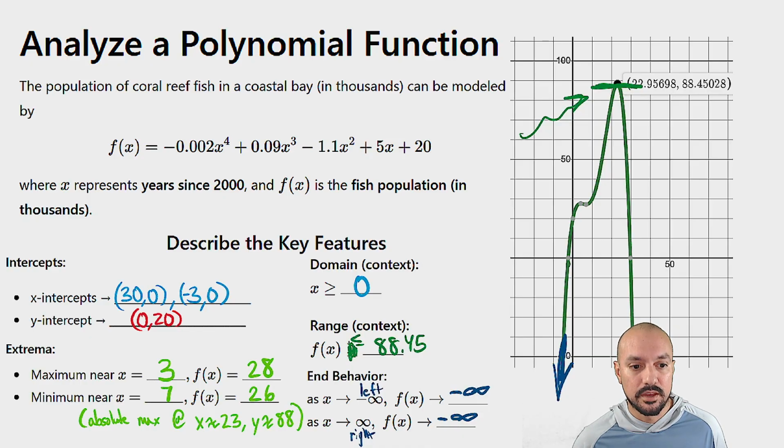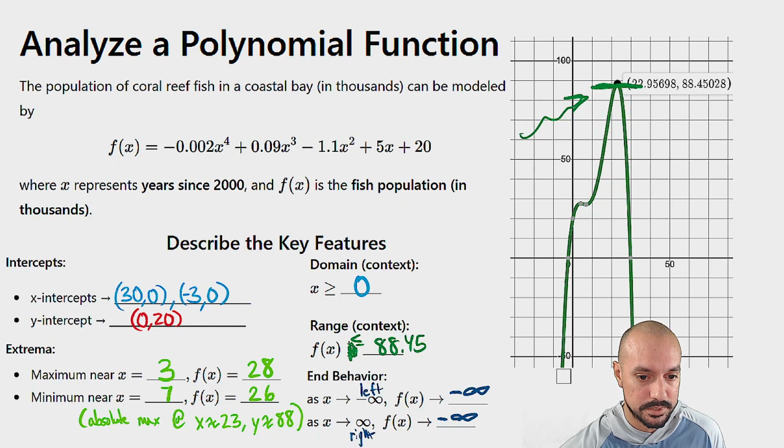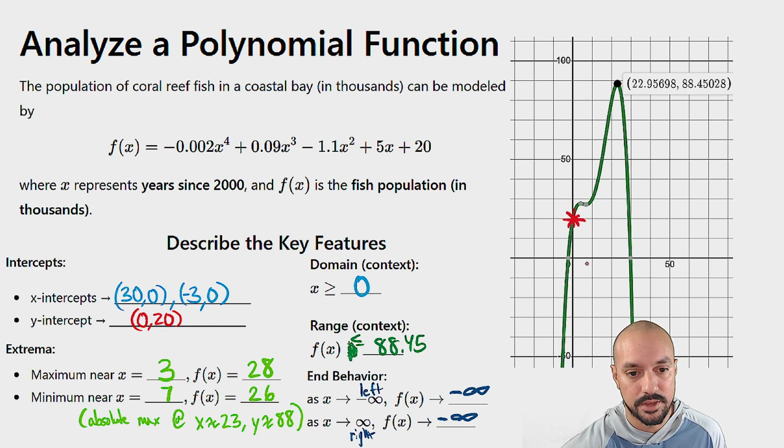Okay. That was all the analysis. However, we still haven't really talked about what this means for the fish population. So, year 2000, let me clear up some of the writing I have on the graph here. Year 2000's data is happening exactly right here.